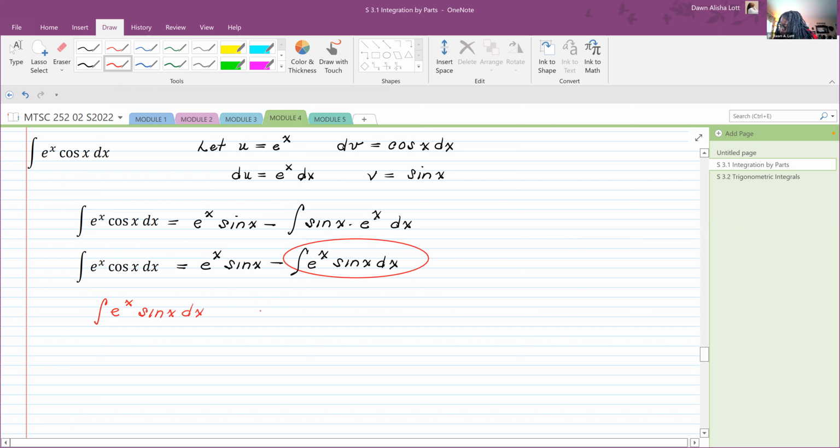And I'm going to let u equal e to the x and dv equal to the sine of x dx. So du is e to the x dx and v this time is minus cosine of x. Oh, and I need my dx here. Don't forget that.